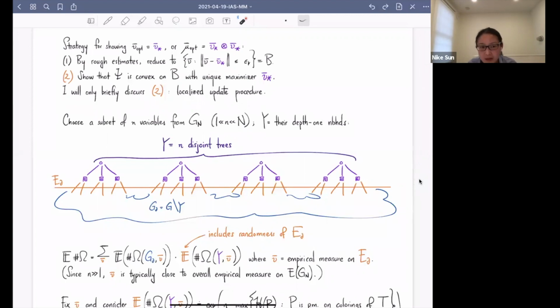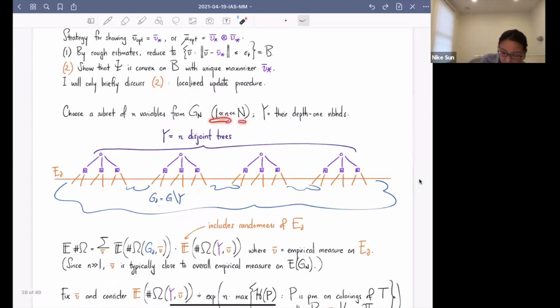But the idea is that if you choose n variables, and little n should be large but much smaller than the total number of variables, it should typically be the case that they're all far apart from each other. So this bunch and this bunch will not interact with one another typically. And because little n is large, this empirical measure should be pretty close to the overall empirical measure of the entire graph.